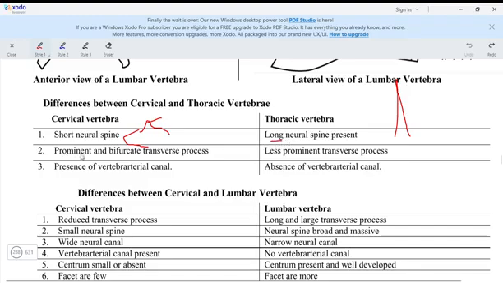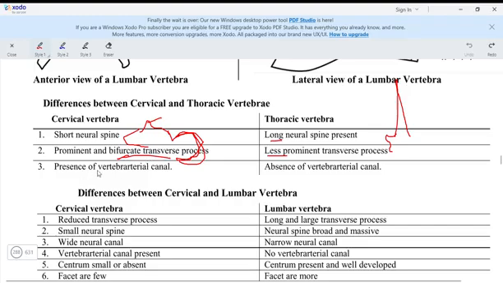Number two, cervical has prominent and bifurcate transverse processes, but thoracic has less prominent ones. The transverse process in thoracic is just like this, not that prominent. But the cervical one is prominent, you can easily see it. It is somewhat curved or round, so it is a prominent or bifurcate transverse process.